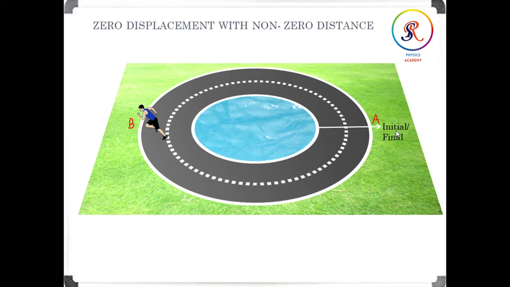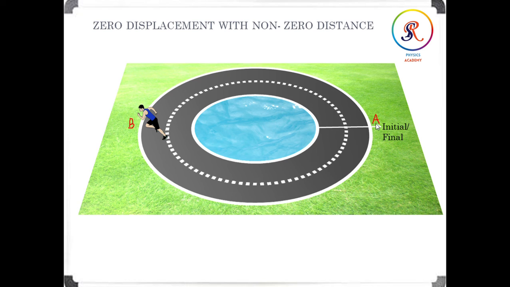Clear? The displacement will be the diameter of the circular path, because the shortest distance between A and B is the diameter, since we are taking the half circle.